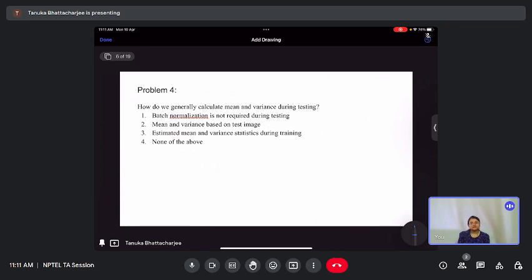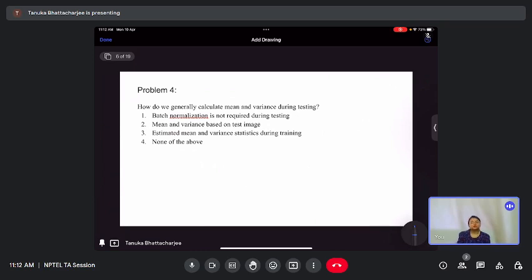Now during testing, if you do not do that same normalization, then your test data distribution will differ from the trained data distribution, and all your weights and biases are learned based on your trained data distribution only. So if your test data distribution does not match the trained data distribution, then the weights and biases may not work for this data.